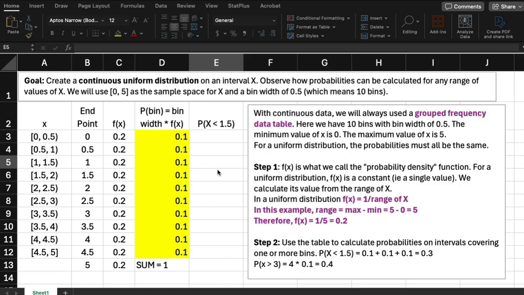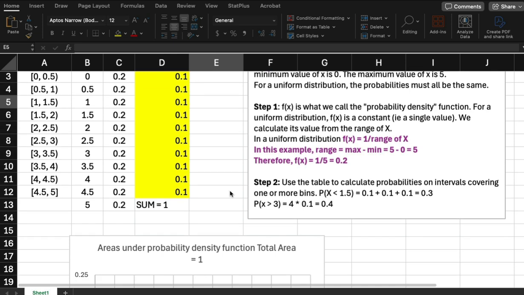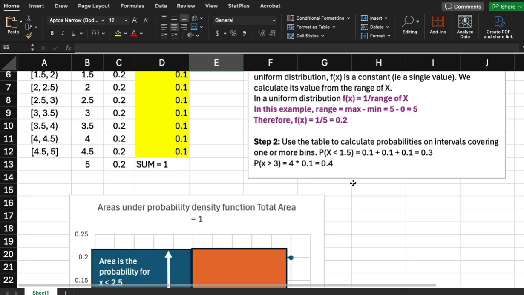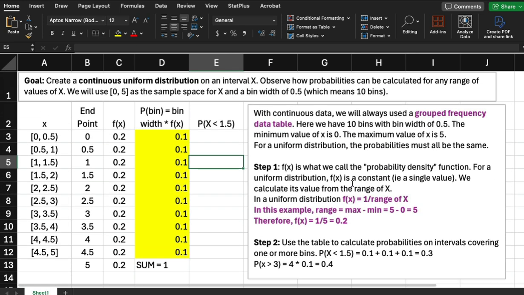This is the second part of our video discussion of a continuous uniform distribution. Last time we solved problems involving calculating probabilities using the graph that you see here. But if you want to understand rectangles and areas of rectangles, go and watch the previous video.